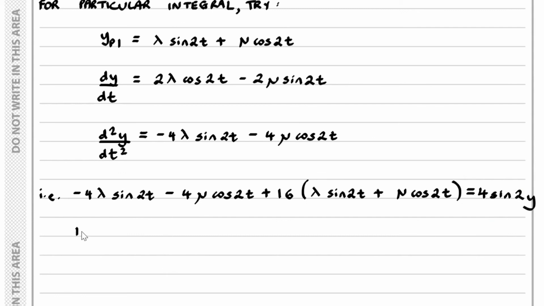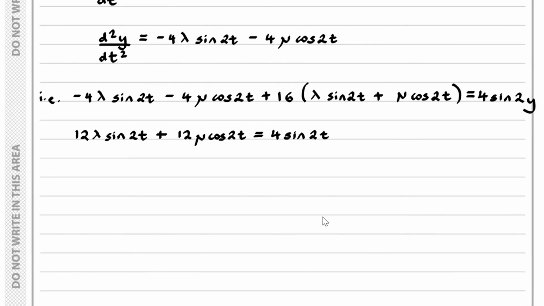So we've got 12 lambda sine 2t plus 12 mu cos 2t equals 4 sine 2t.